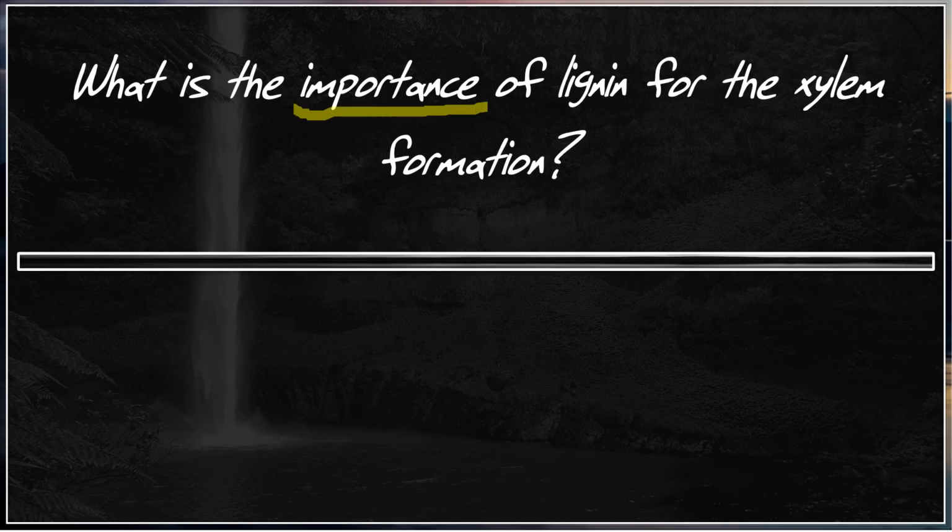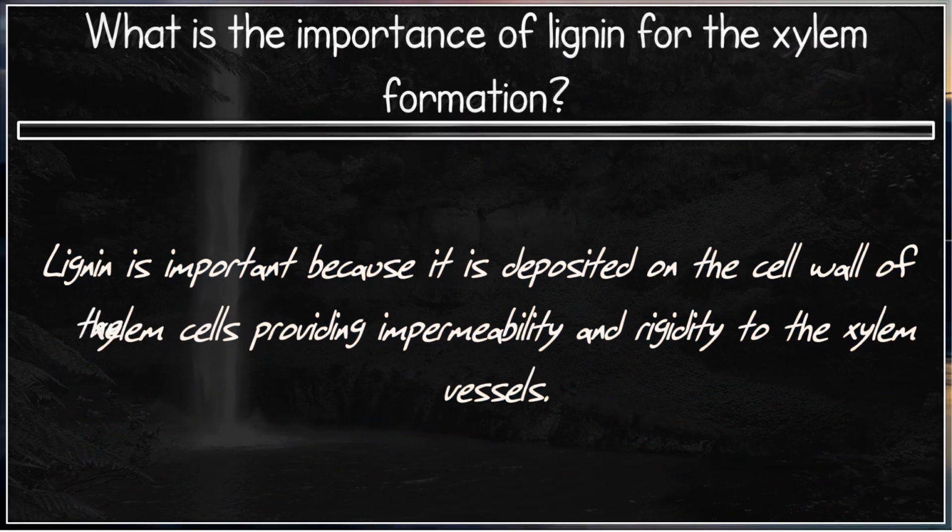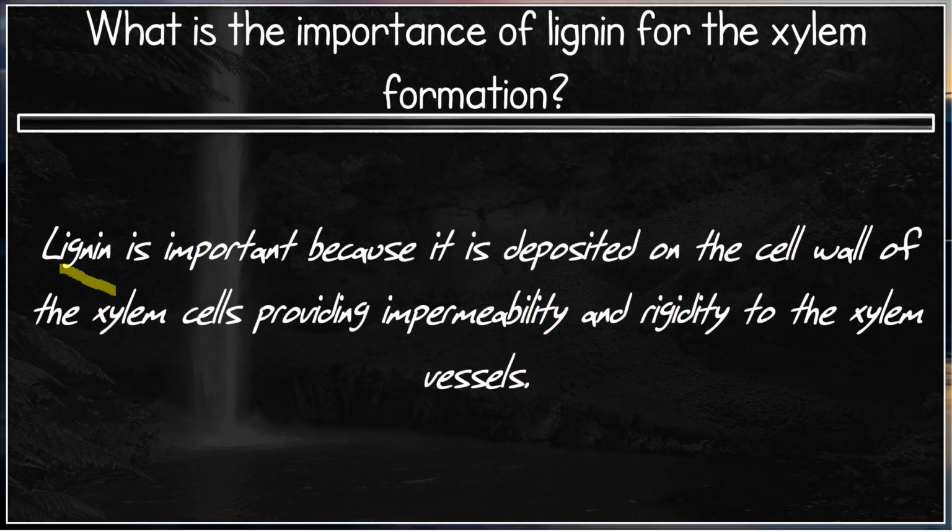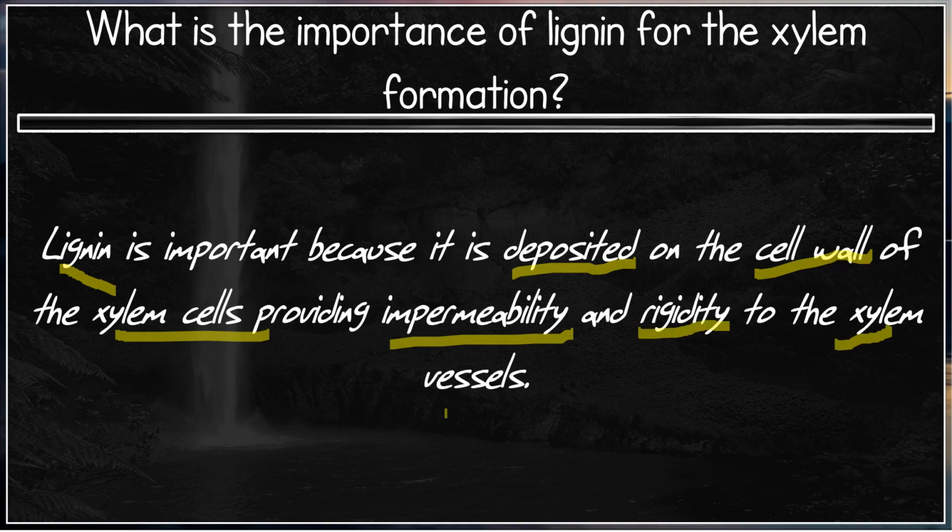What is the importance of lignin for the xylem formation? Lignin is important because it is deposited on the cell wall of the xylem cell, providing impermeability and rigidity to the xylem vessels.